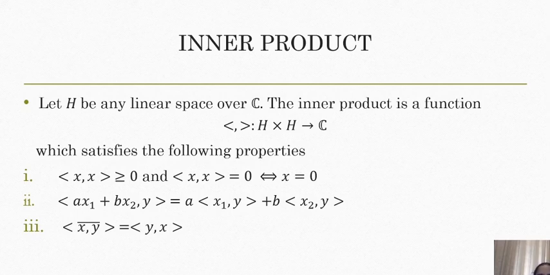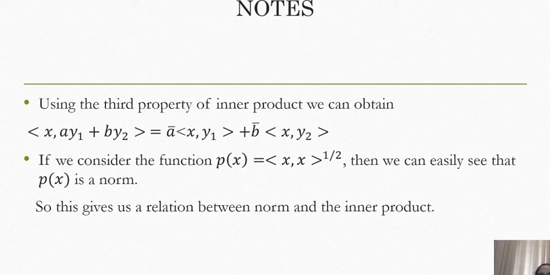Now there is something that I would like you to note. Using the third property, the conjugate property, that the conjugate of inner product (x, y) is equal to inner product (y, x), we can obtain the following: inner product (x, a y1 + b y2) is equal to a conjugate times inner product (x, y1) plus b conjugate times inner product (x, y2).